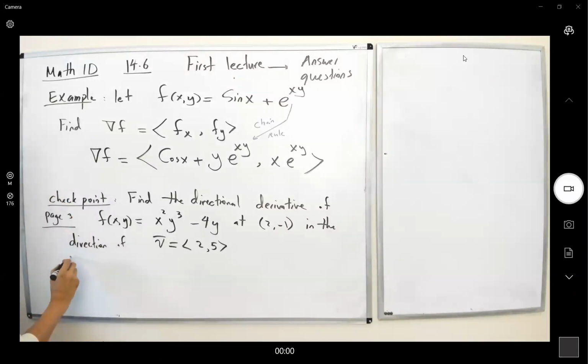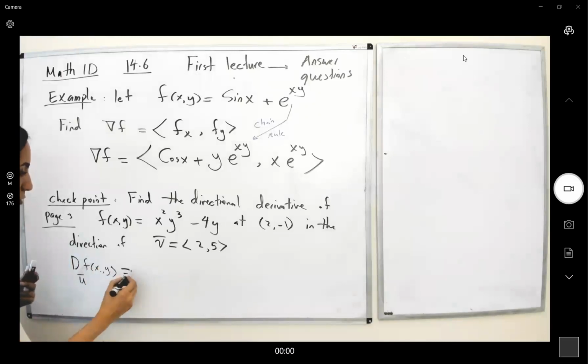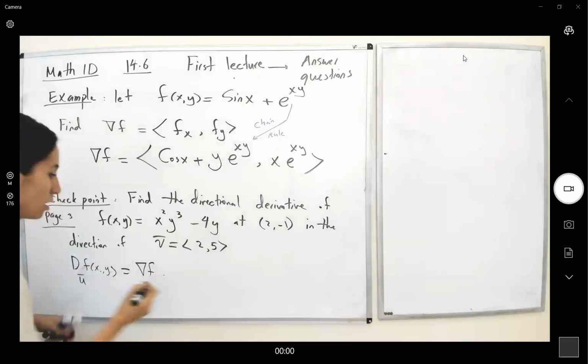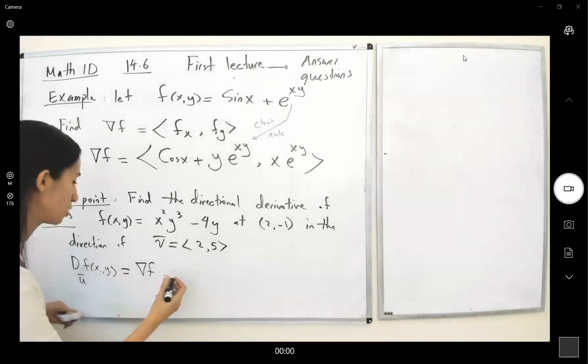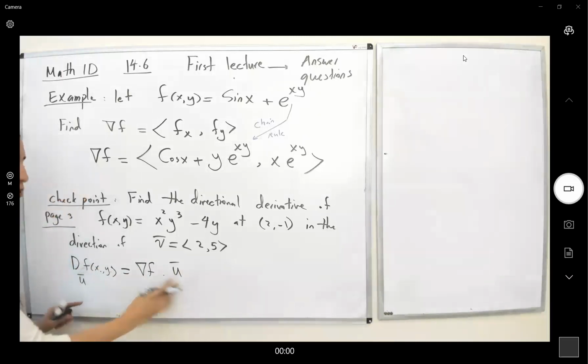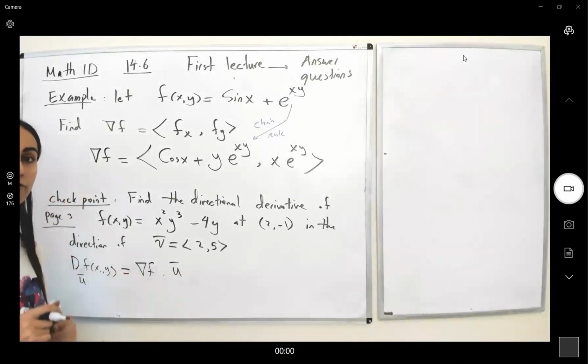So we learned that the directional derivative of function f at point (x0, y0) in the direction of u is equal to the gradient of function f dot product with your u. Remember that we use u to emphasize that u is a unit vector.